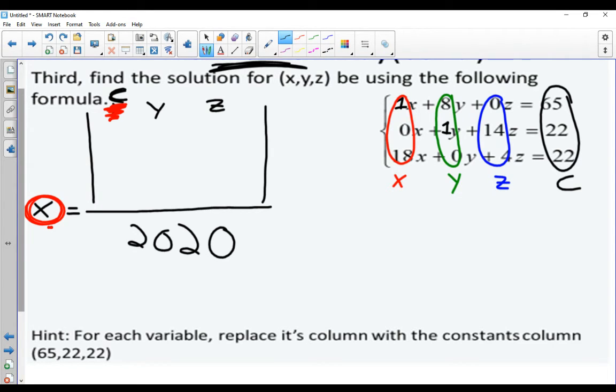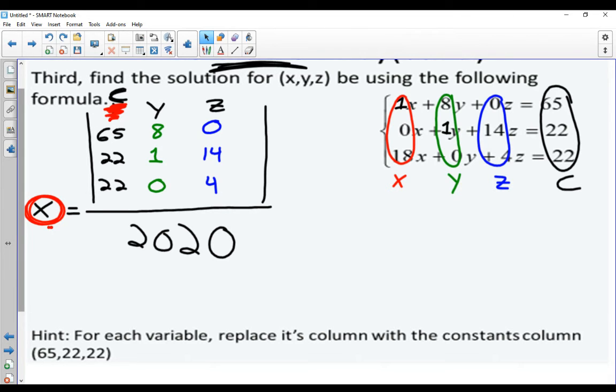So underneath the C, or the Cramer, I'm going to put the oval 65, 22, 22. Underneath the Y, I'm going to put the green 8, the green 1, and the green 0. Underneath the Z, I'm going to put the blue 0, the blue 14, and the blue 4.